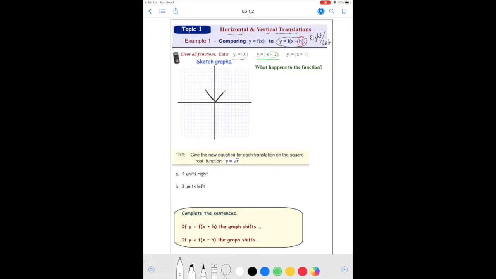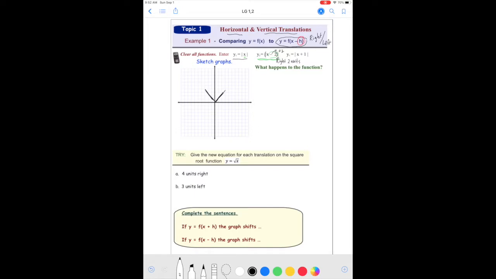So we know that is coming out, because it's really in a bracket. You can't really see it, but there is a bracket there. It's coming out of the bracket and becoming plus 2. So we know that is right 2 units.